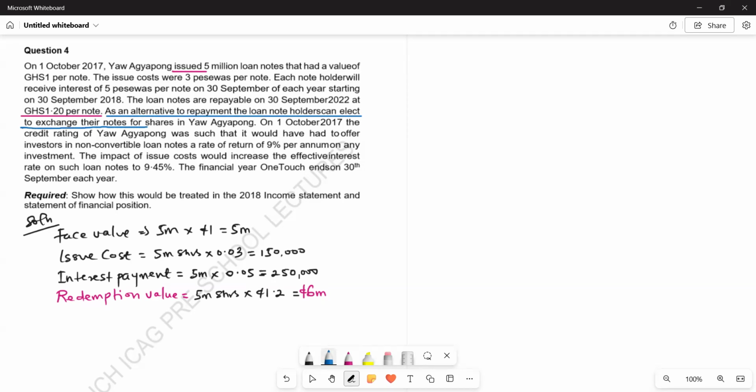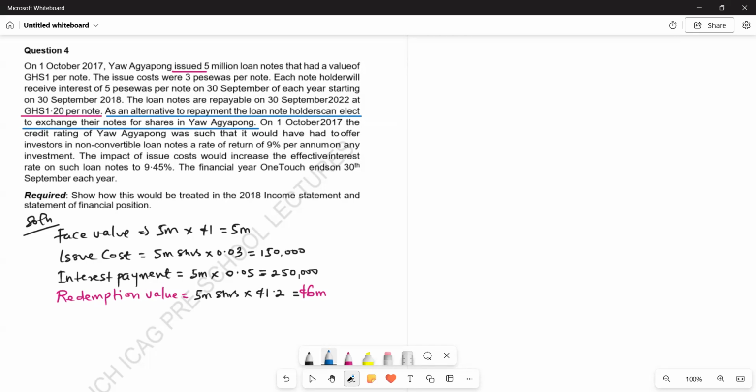Had it not been for this additional statement, we would have treated it as a financial liability and not compound. But because the holder has the right to either redeem at 1.2 or convert into equity shares, then we say it's compound. It's very important, otherwise if it's a financial liability you will end up saying it's compound, and if it's compound you will end up saying financial liability. I told you last time we met.